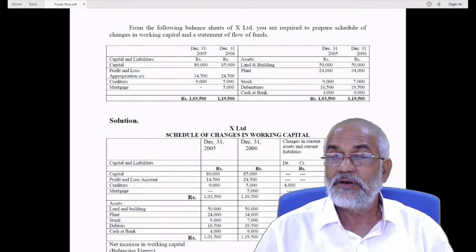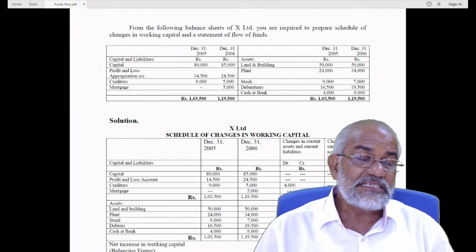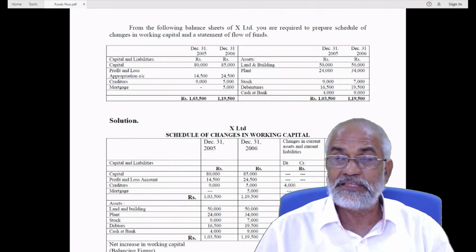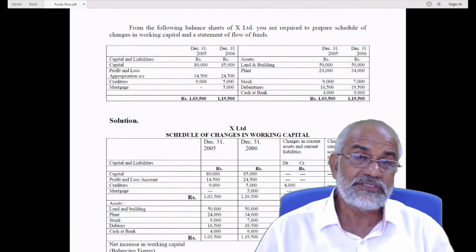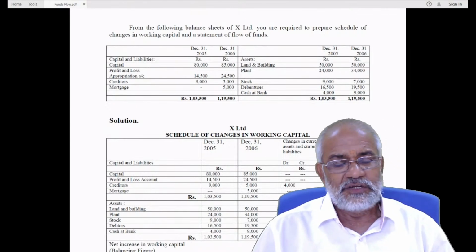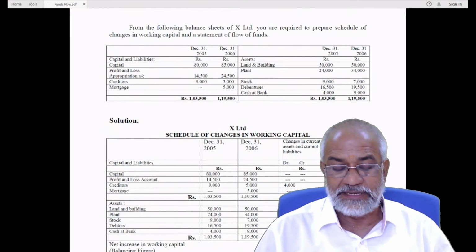And the last step, the fourth step, is the funds flow statement, wherein we prepare the sources and application of funds. So the first stage is to prepare the statement of changes in working capital.